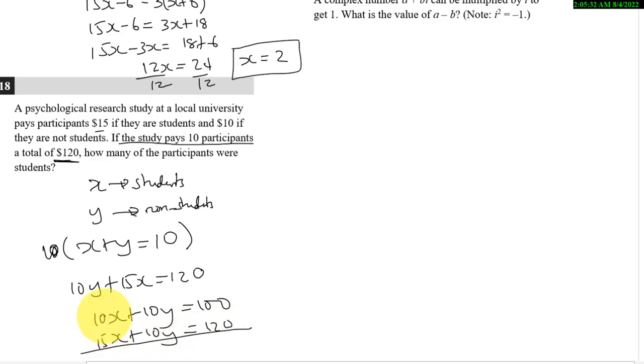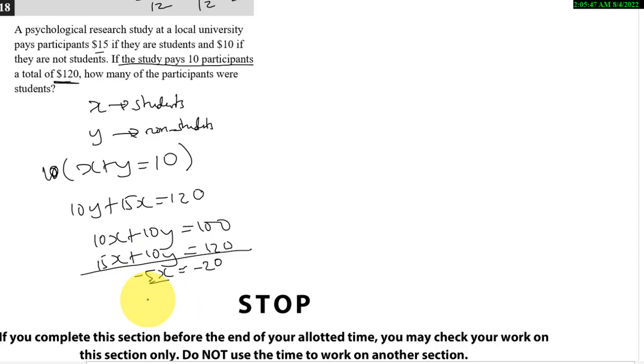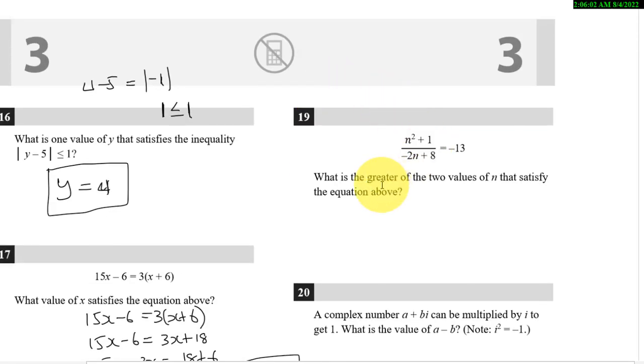When we subtract these equations, this leaves me with minus 5x is equal to negative 20. When we divide by negative 5, it leaves us with x as 4. Since x represents students, we have 4 as the answer. So there were 4 students.